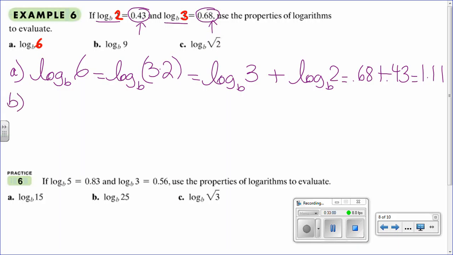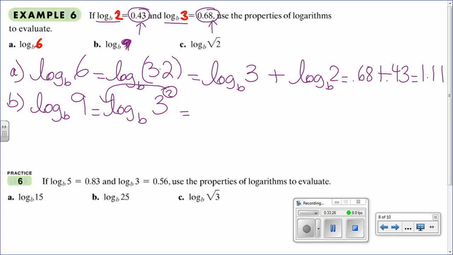Now, part B. Our new argument is 9. How can we make a 9? 3 squared. 3 times 3 or 3 squared, right? So I want to use 3 squared. It would be the same thing, but I want my example to look a little different. So what I do here is I move the 2 to the front by using the power property.